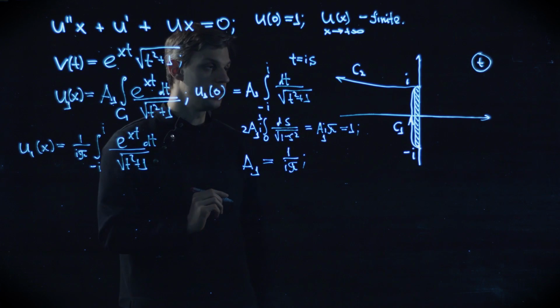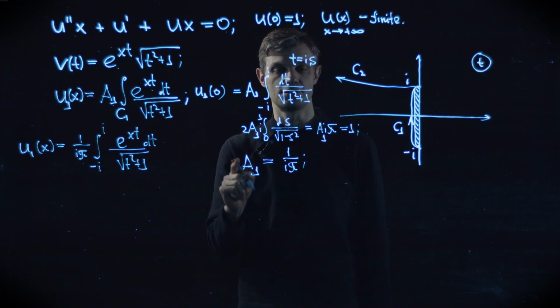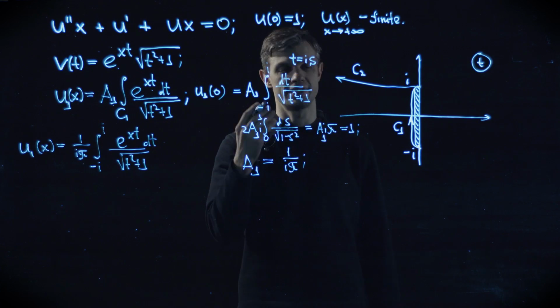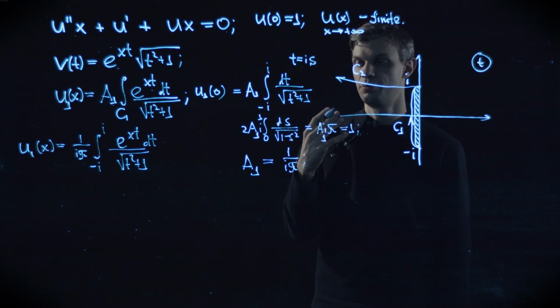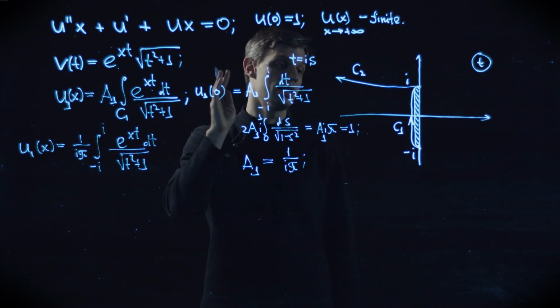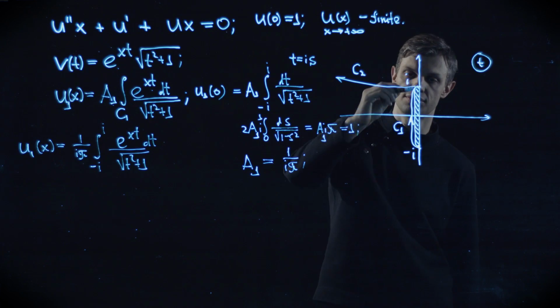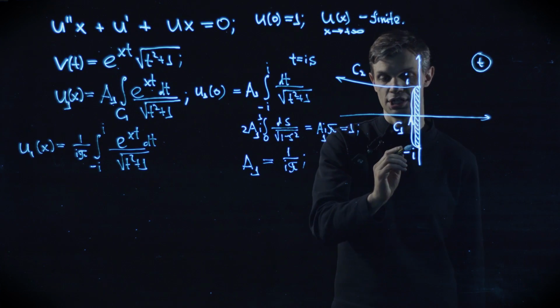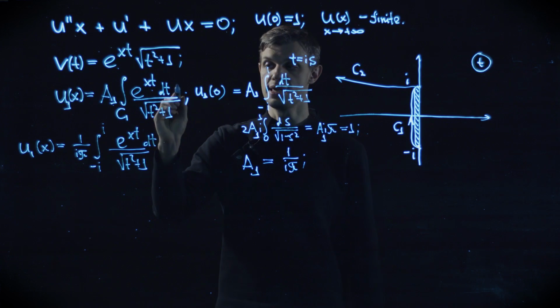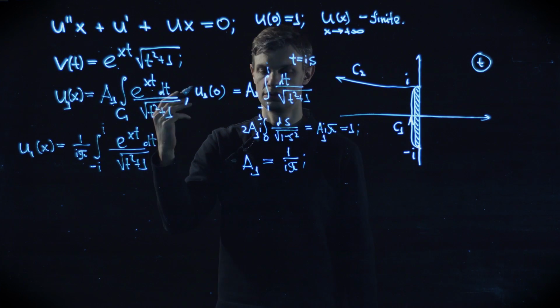Oh, by the way, I forgot to mention that when we were computing this integral, we actually fixed, implicitly, the regular branch of our integrand, because here we have a multivalued function. And we assumed that if t belongs to the left bank of our branch cut, then this square root is a positive function, so it's an arithmetic root.